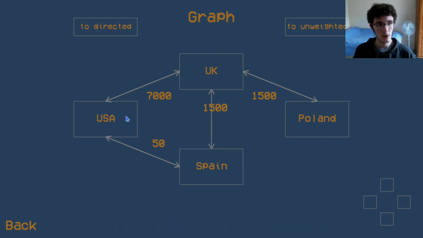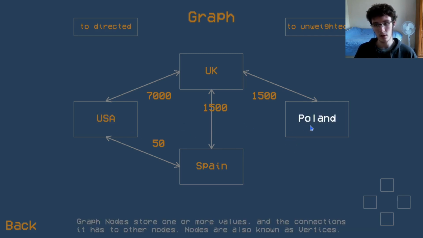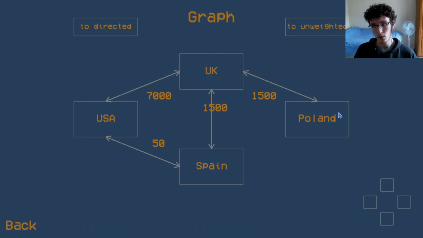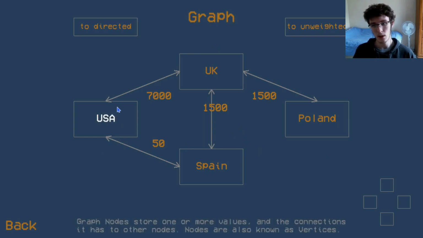We need to go through a different country first. The most direct path here between US and Poland is through the UK. US, UK, and Poland.